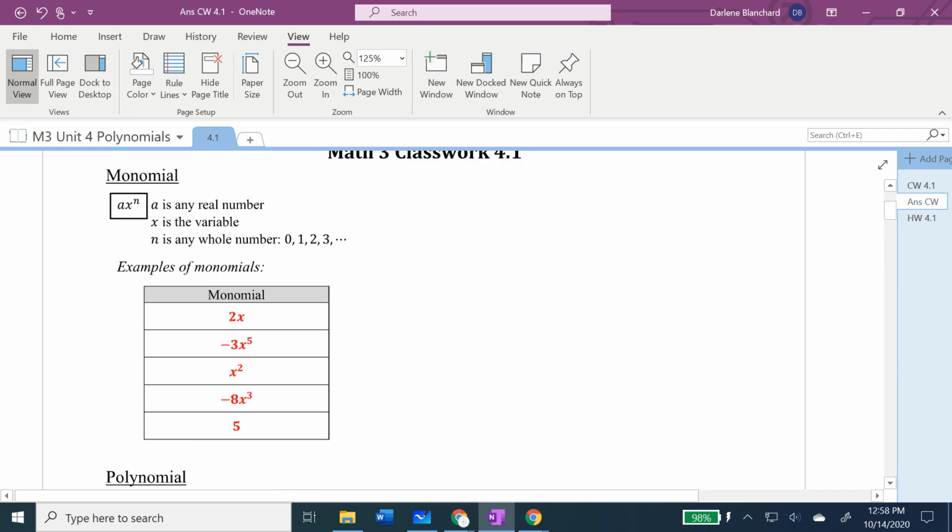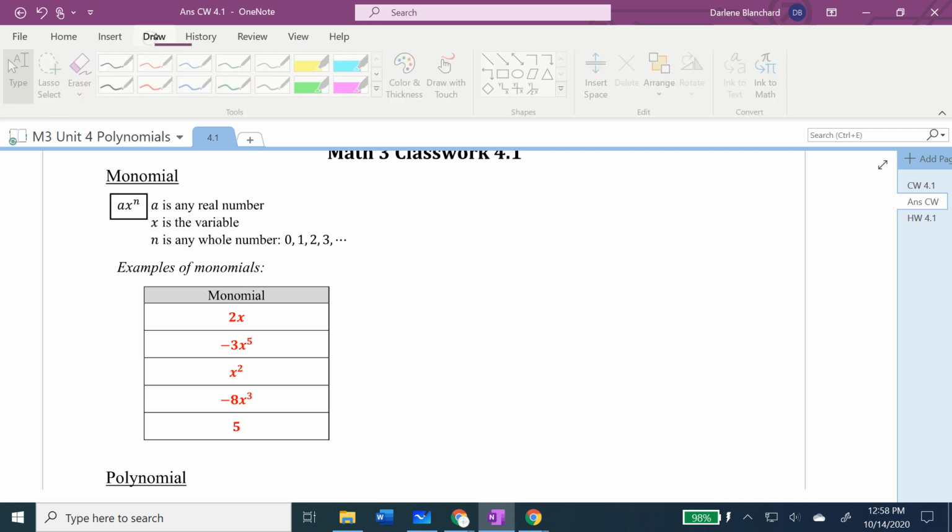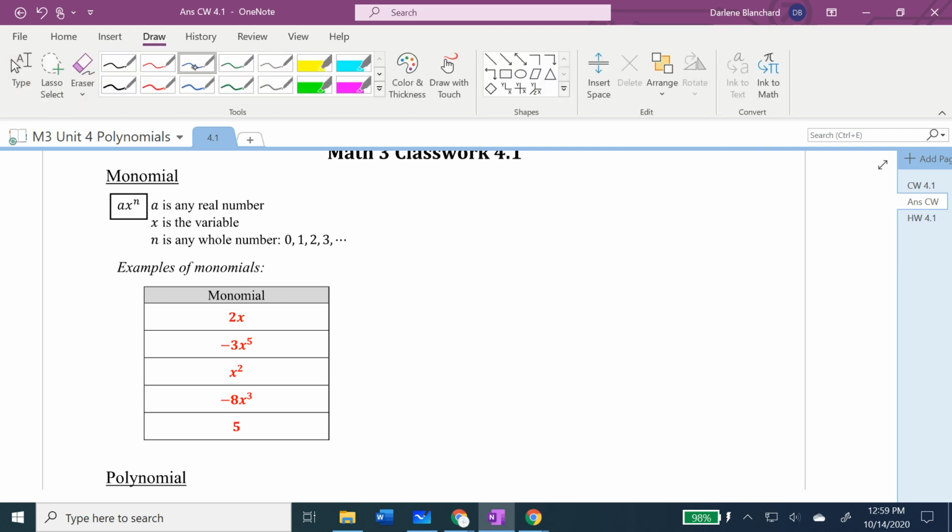And while it may seem weird to put a 0 as an exponent, let me talk about that for a moment. If I said x to the power of 0, what would you tell me? That's right. You would tell me 1.